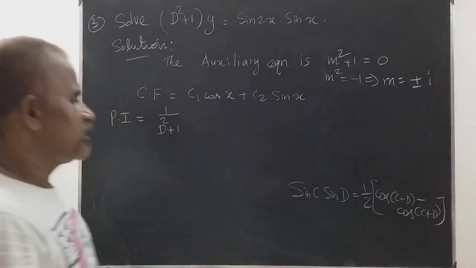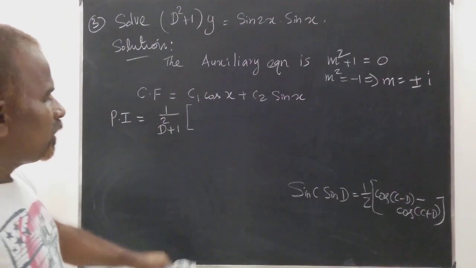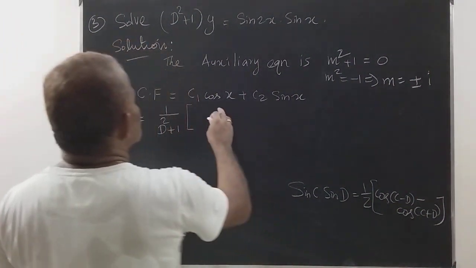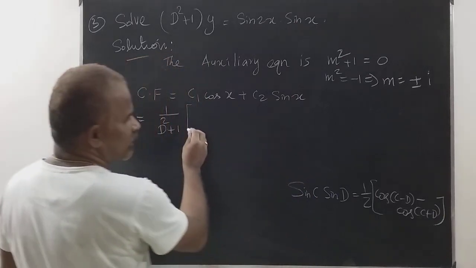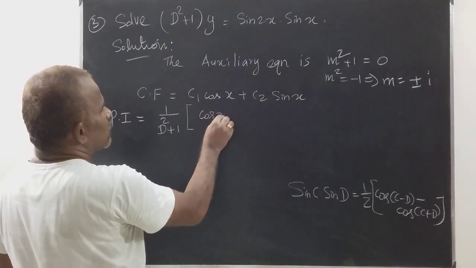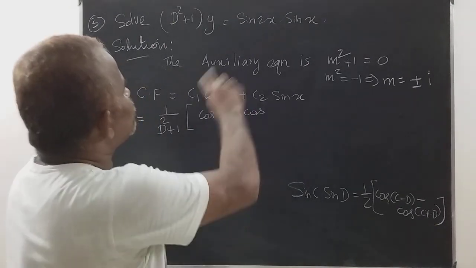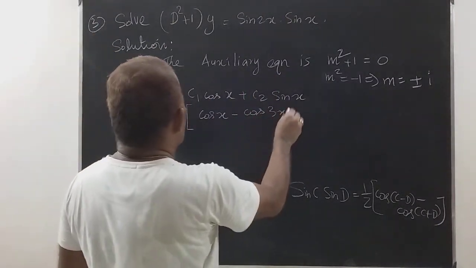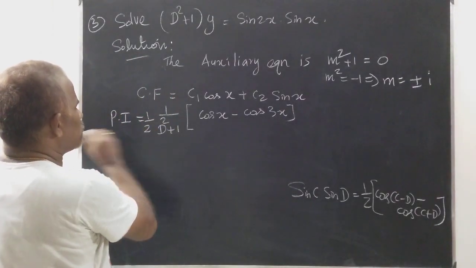Here cos (C minus D) is 2x minus x, that is cos x, minus cos (C plus D), that is cos 3x. So I have to take 1 by 2 out.